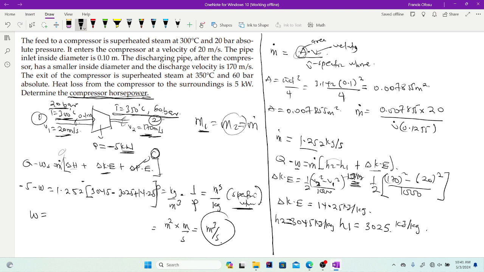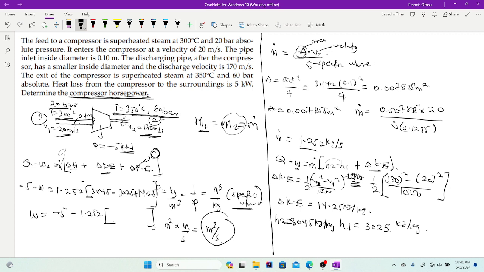So now our work becomes, we can let this one come here, and then we transpose the whole of this to the other side: -5 minus 1.252 multiplied by the bracket. So let's evaluate what's in the bracket: 3045 minus 3025 plus 14.25.